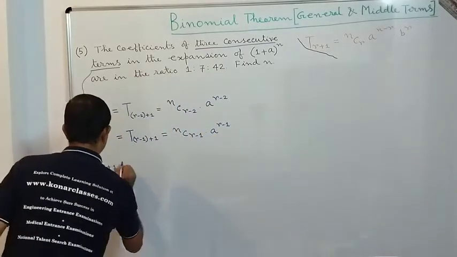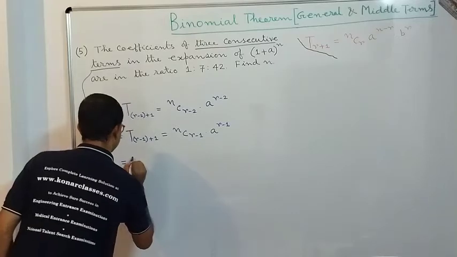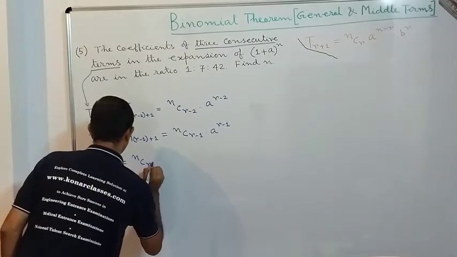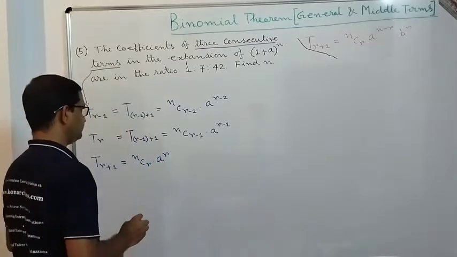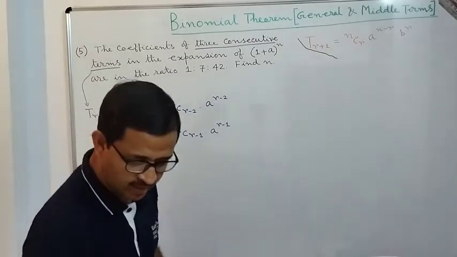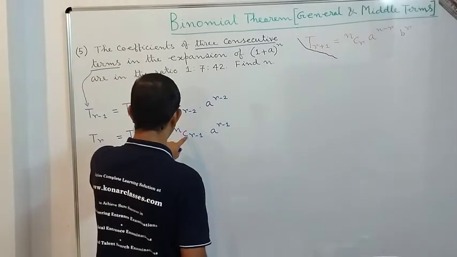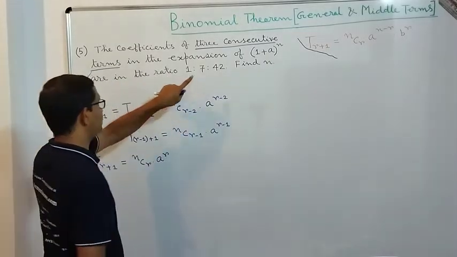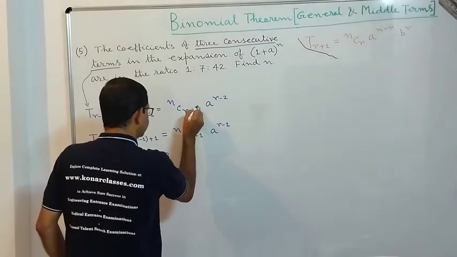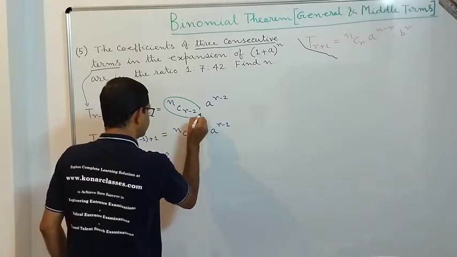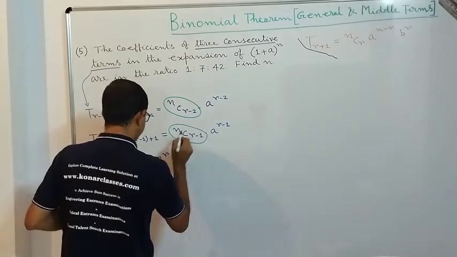Correct? And in a similar manner, t_(r+1), that is quite simple, that is equal to nCr into a to the power r. Now, dear students, according to the question, the ratio of this to this to this is equal to 1 is to 7 is to 42. So what does it mean? What are the coefficients in this term? This is the coefficient in the t_r term, and in t_(r+1), this is the coefficient.